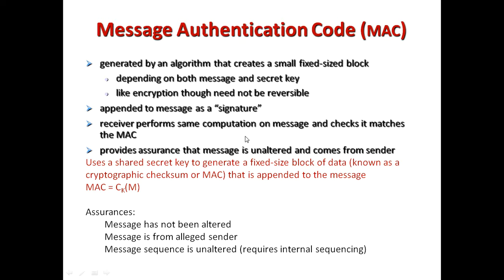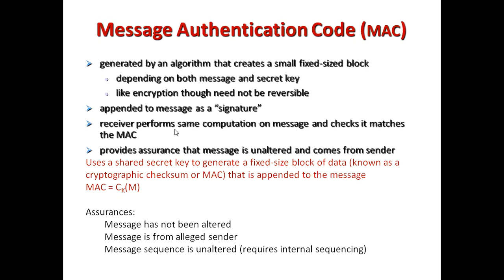The receiver performs the same computation on the message and checks that it matches the MAC. What is the job of the receiver? It receives the message plus signature, performs the MAC algorithm on the received plain text, and compares the new MAC with the already received MAC. If it is okay, authentication is a success.